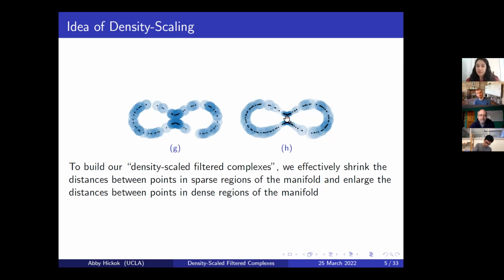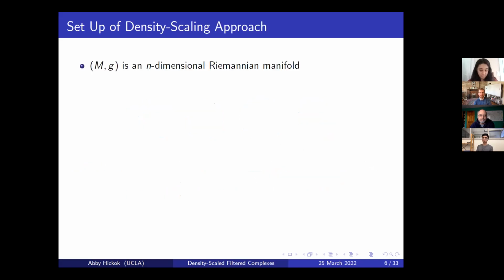When you do that, that leads to visually smaller balls in dense regions of the manifold. And then once we've modified this metric space, we can just build the usual Čech complex, or whatever complex you want, in this new metric space.